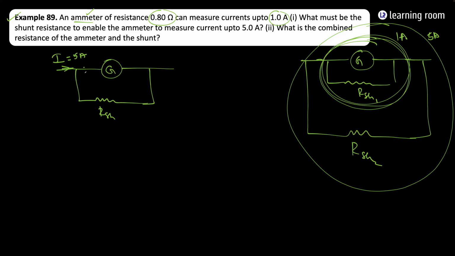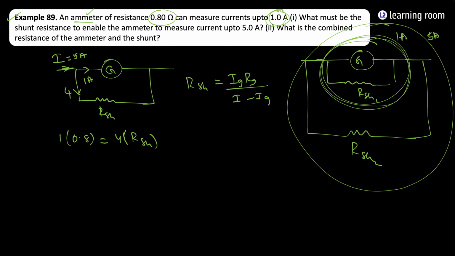The value of IG is 1 ampere. So how much will the shunt carry? 4. So 1 into 0.8 is equal to 4 into R shunt. Or apply R shunt equals IG into RG divided by I minus IG. If you do it, you will get the same answer.